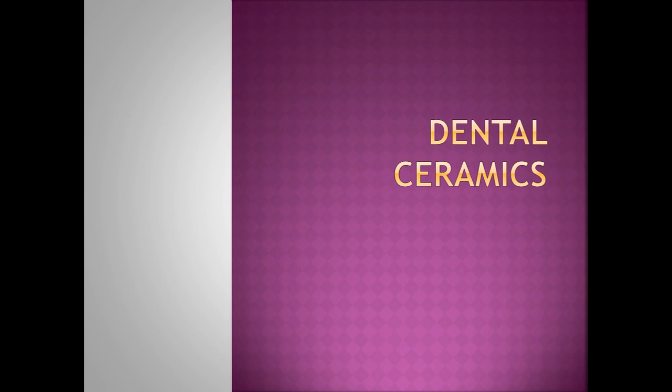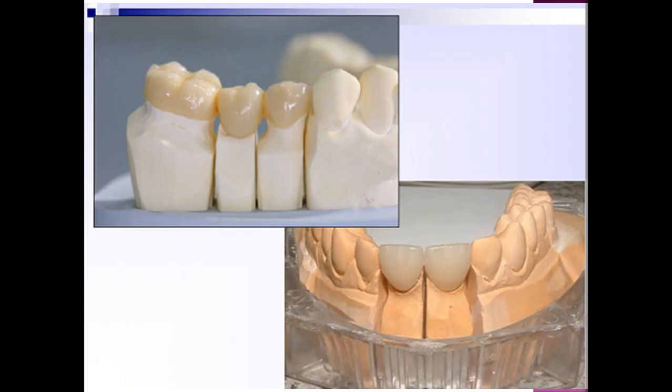Then we use these ceramic materials. So these are the four different kinds of restorative materials we use in day-to-day dentistry: metals, polymers, composites, and ceramics. We're going to start with ceramics in today's class.